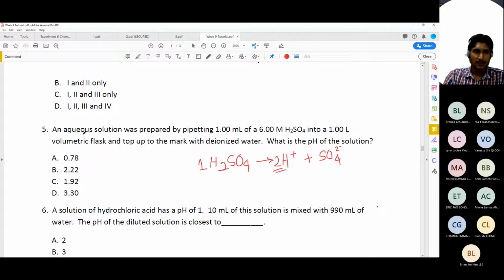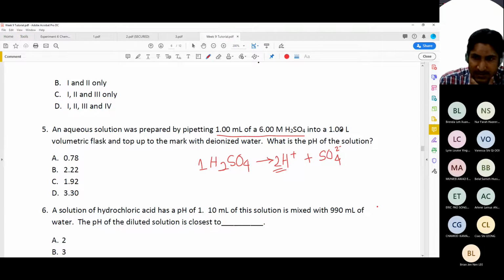All right. So now you see 1 milliliter of 6 molar sulfuric acid. That means how many moles? It is in 1 liter. We are putting 1 milliliter. Let's say that, like yesterday in the lab, we take it out with the pipette and then we dissolve it in another 1 liter beaker or 1 liter volumetric flask. 6 molar sulfuric acid we took.